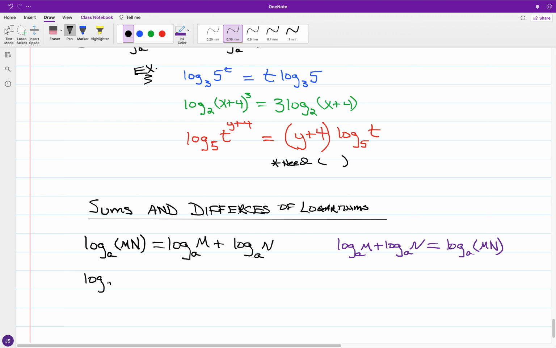And if we had the operation of division, say m divided by n, division here is going to translate to subtraction. So we're going to have the base a logarithm of m minus the base a logarithm of n, and it also works in reverse fashion.